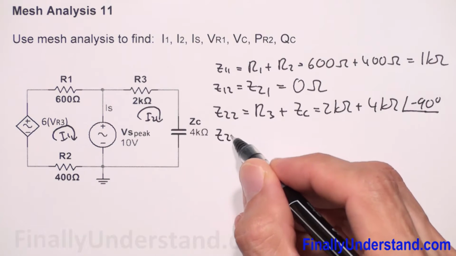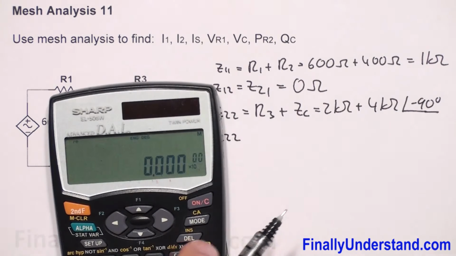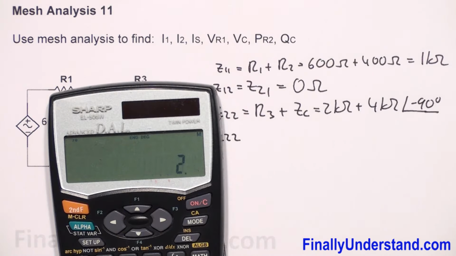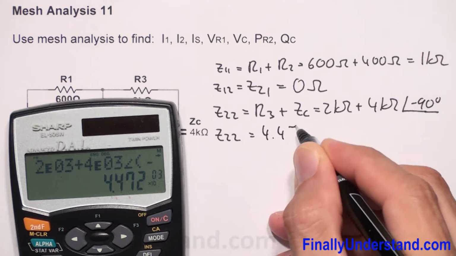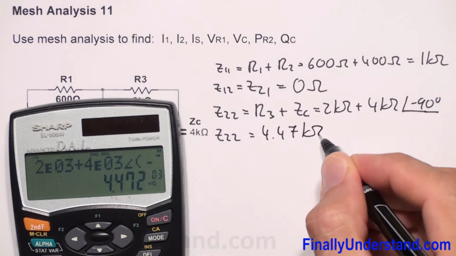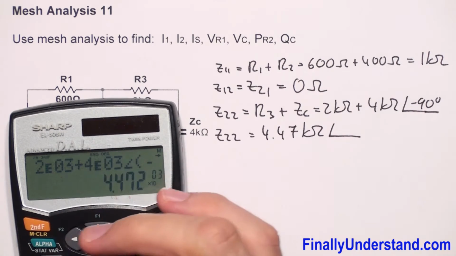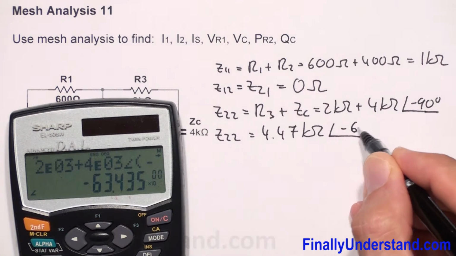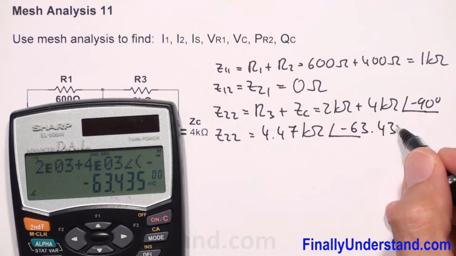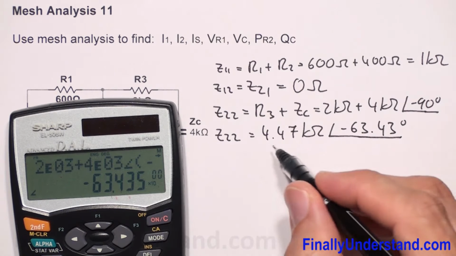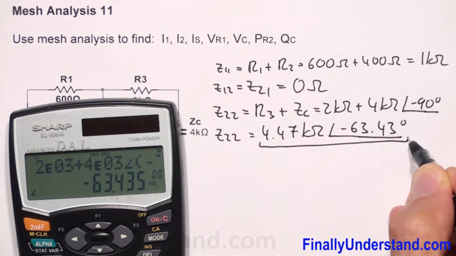So Z22 is equal to 2 times 10 to the 3 plus 4 times 10 to the 3 at an angle of negative 90, which is equal to 4.47 kilo ohms at an angle of negative 63.43 degrees. So this is my Z22.